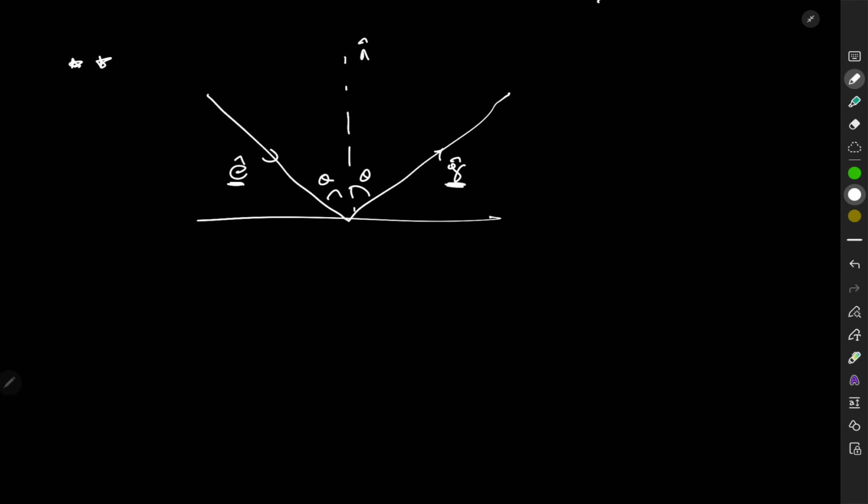So this direction can be written as e cap minus 2 e cap dot n cap n cap. Fine. If you don't understand, let me give a question to make you understand this.